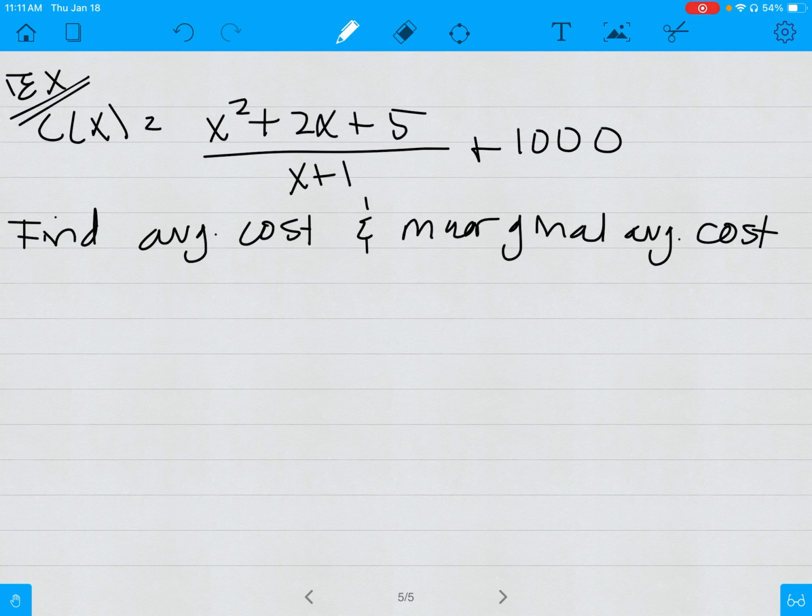Okay. So, average cost, the first part, again, C bar of X, we want to divide that entire function by X. Since the first part of our cost function is already written as a fraction, sometimes it's easier to think of it as multiplying 1 over X times all of the terms in the cost function.